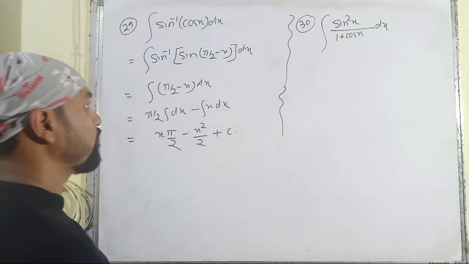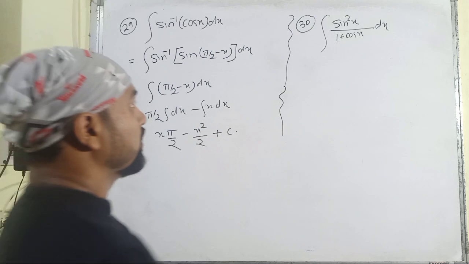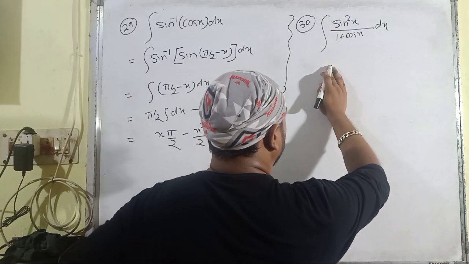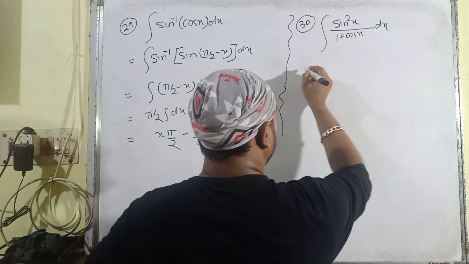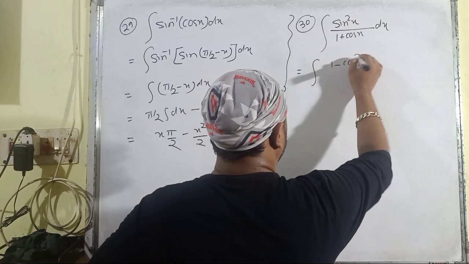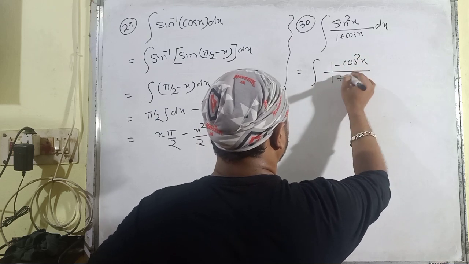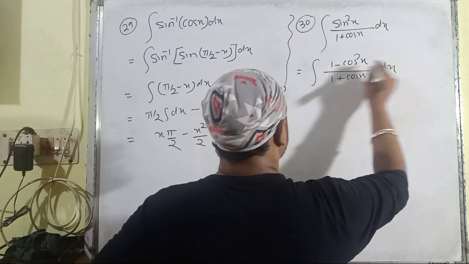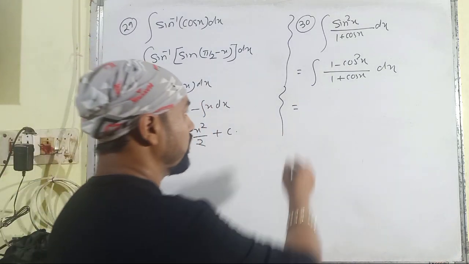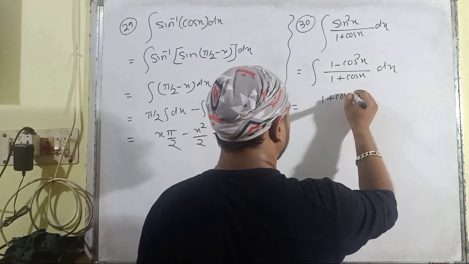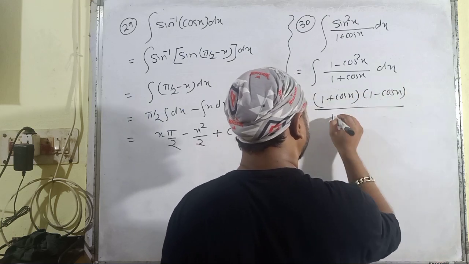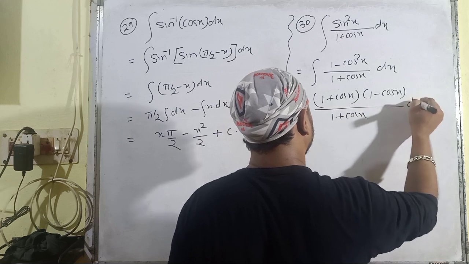Then coming to the problem number 30. The value we have to integrate is sin square x divided by 1 plus cos x dx. In place of sin square x, we can put 1 minus cos square x divided by 1 plus cos x. The value of 1 minus cos square x can be factorized into the product of 1 plus cos x and 1 minus cos x, whole divided by 1 plus cos x.